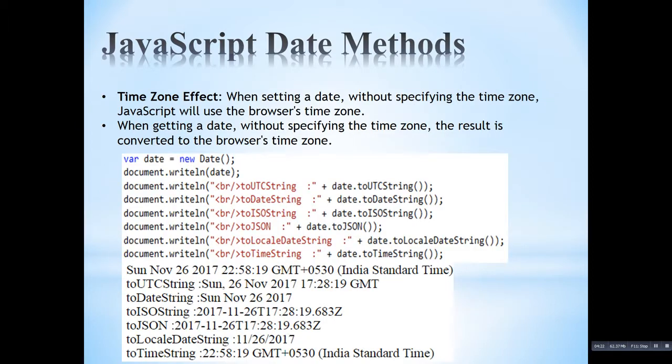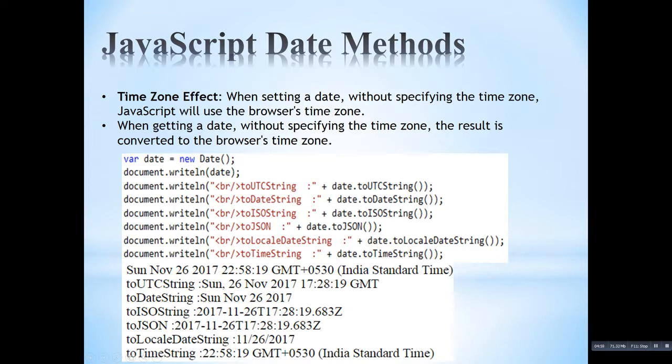Here you can see the time zone effect. When setting a date without specifying the time zone, JavaScript will use the browser's time zone. When getting a date, if you are not specifying the time zone, then the result is converted to the browser's time zone. Here you can see some output. If you take new Date and print it, it prints IST time, because the browser is set to IST.